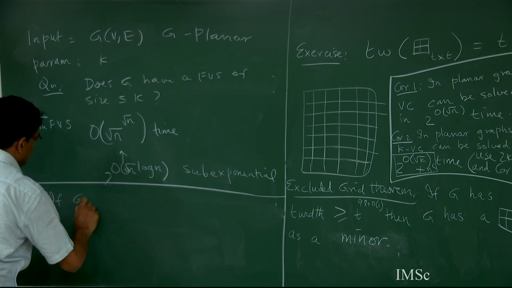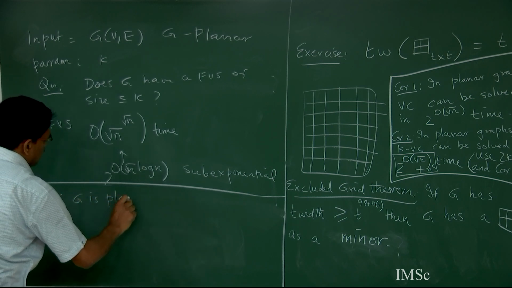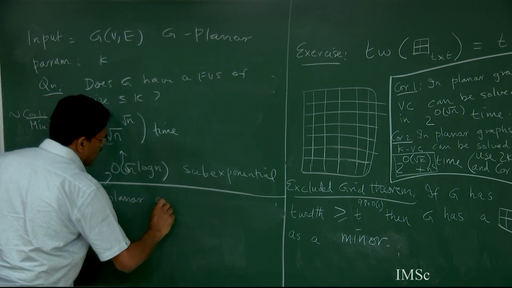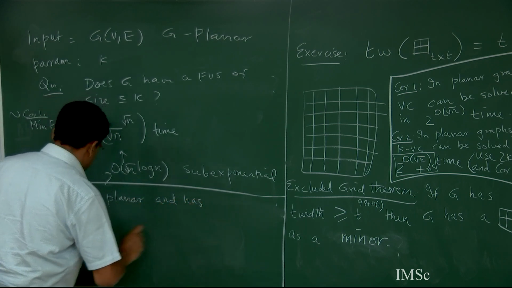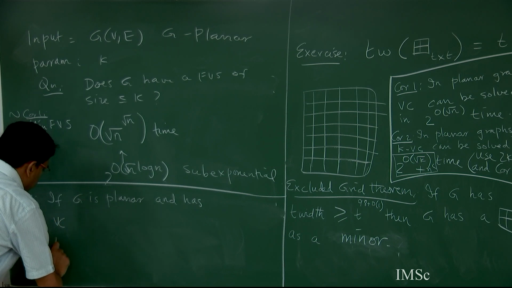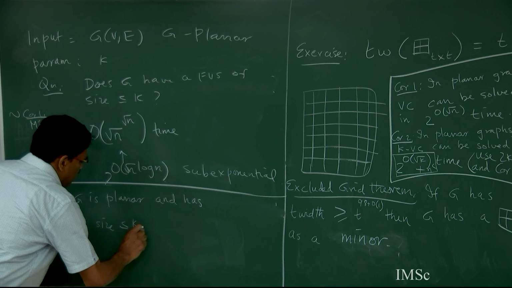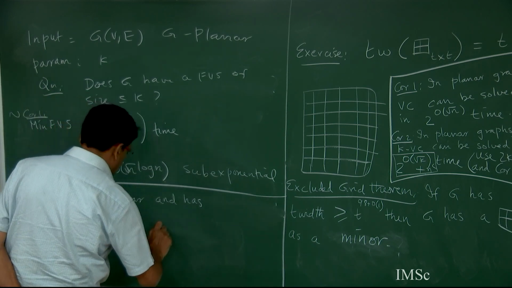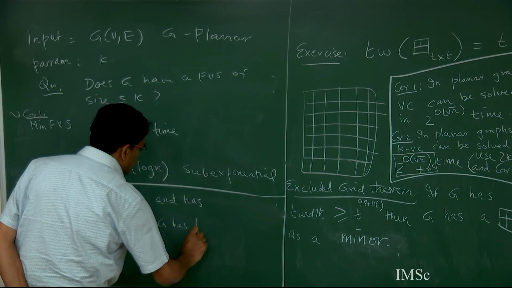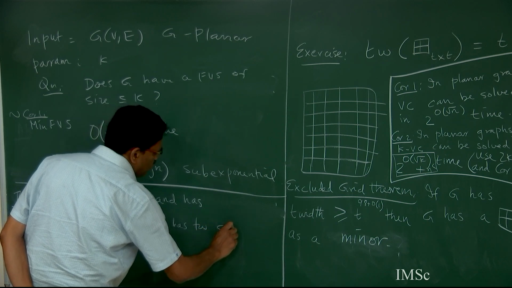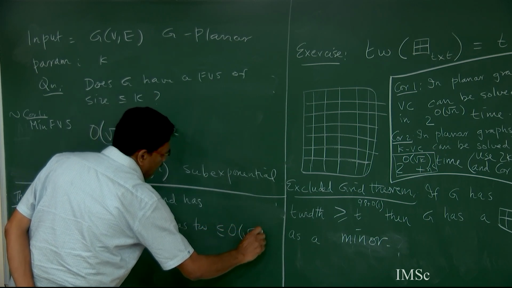If G is planar and has vertex cover or feedback vertex set of size at most k, then G has tree width at most order square root of k.